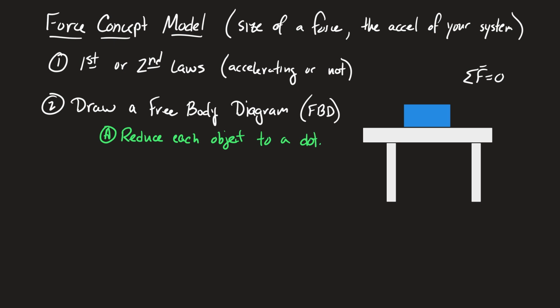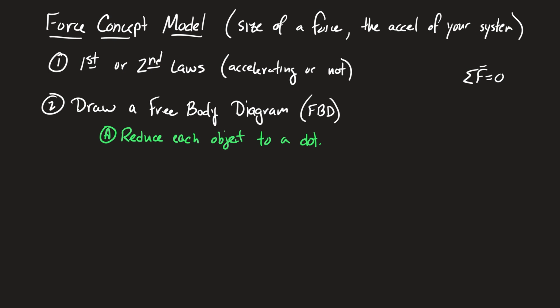So anything that might be getting in the way of understanding the forces acting on the object, we reduce to a dot. We are only interested in the box. So the only thing we will have in our picture is going to be a dot representing the box. So everything disappears, and I only consider a single dot for the box.